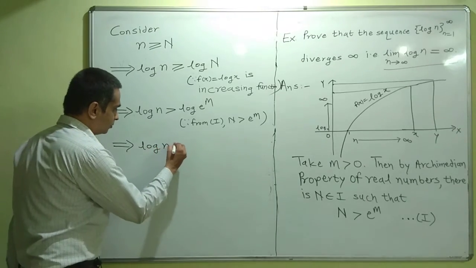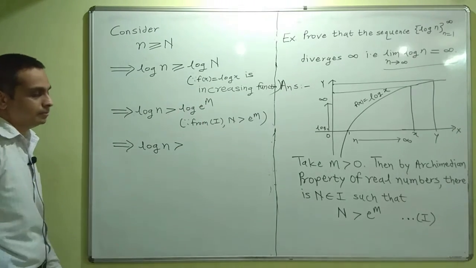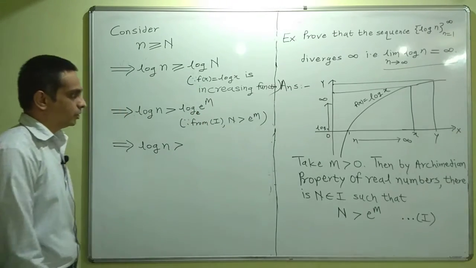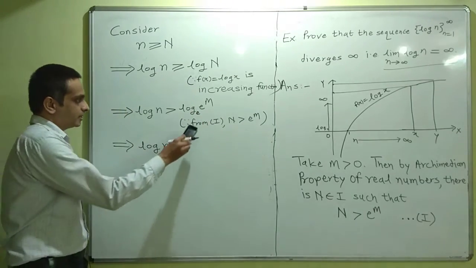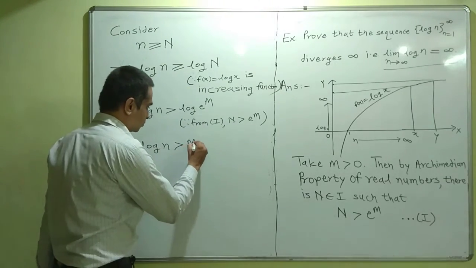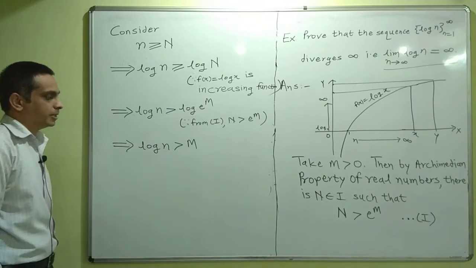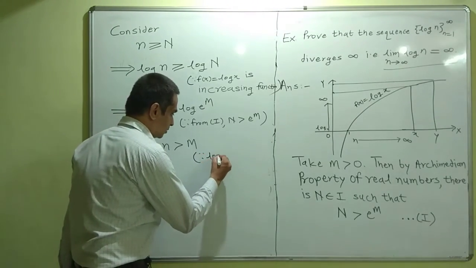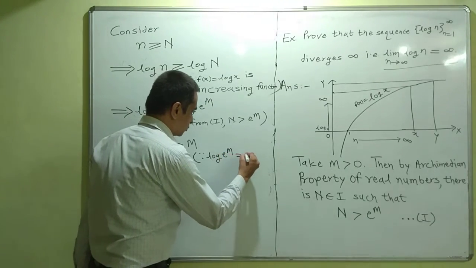Can you tell me what is log of e raised to m? Note that here base is e, here we always use natural logarithm in real analysis, so it is clearly m, since log of e raised to m equals m.